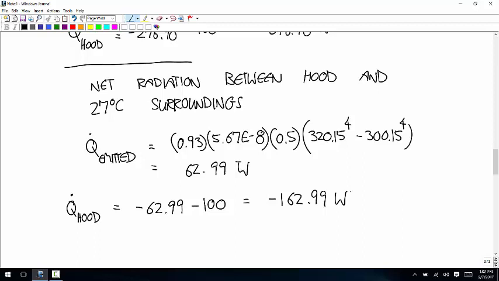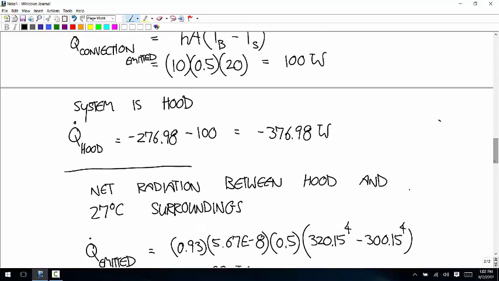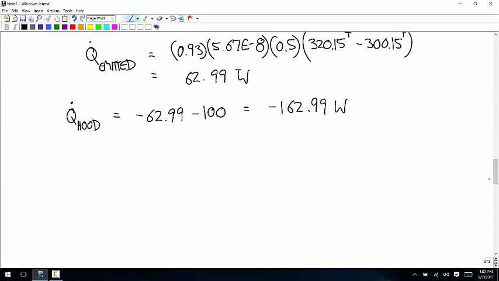Yes. Well, it's one of two possibilities, depending on whether we're talking about net radiation. If it's net radiation and we're treating the surroundings, the atmosphere, as a surrounding body with a temperature of 27 degrees Celsius, it's this.